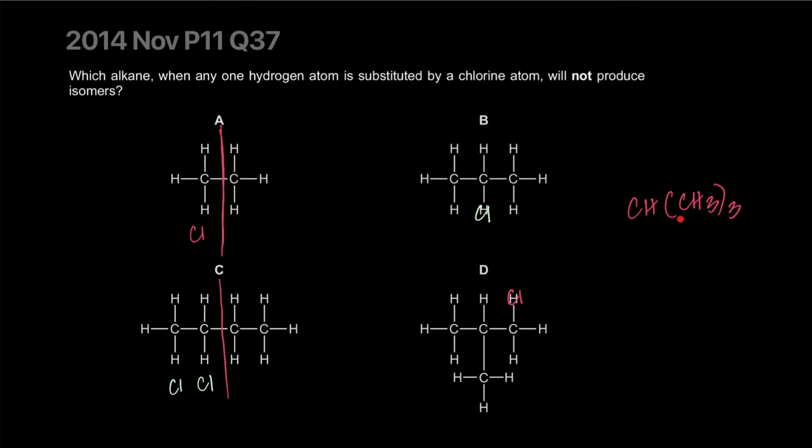But take a look at this methyl group, or this CH3. It's kind of like the same thing. So here's another way of drawing it, or another way of explaining it. Here's C with an H, and here's CH3, CH3, and CH2Cl.